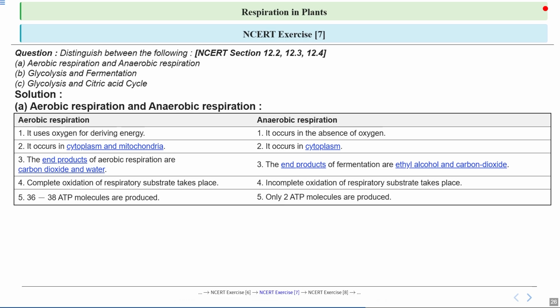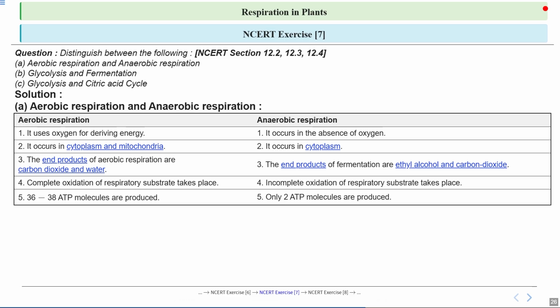After that, the end products of glycolysis, that is pyruvic acid, are transported to the mitochondrial matrix. Therefore, for aerobic respiration, the extra steps are the Krebs cycle and ETS chain, as well as oxidative phosphorylation, which takes place in mitochondria. Therefore, in aerobic respiration, all of the processes take place in cytoplasm and mitochondria.